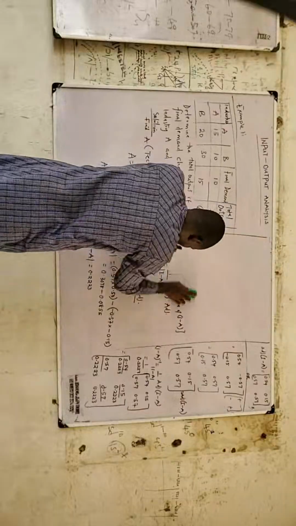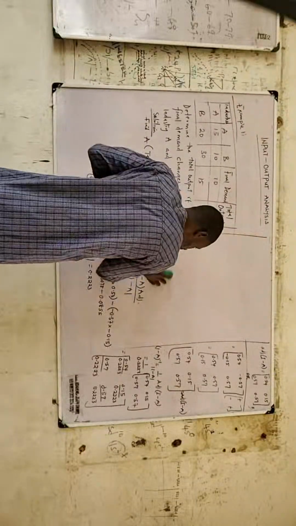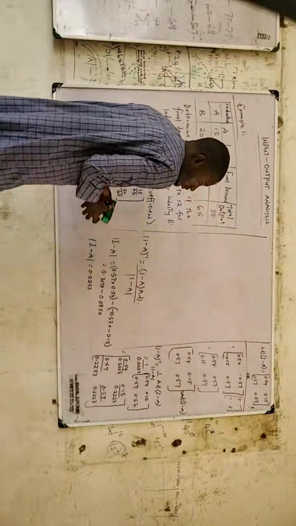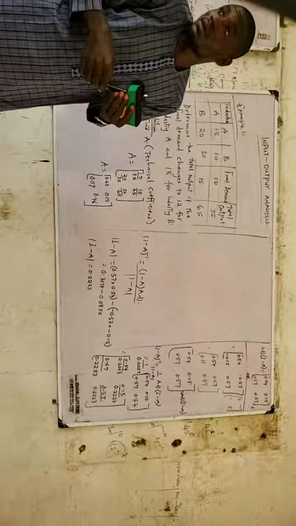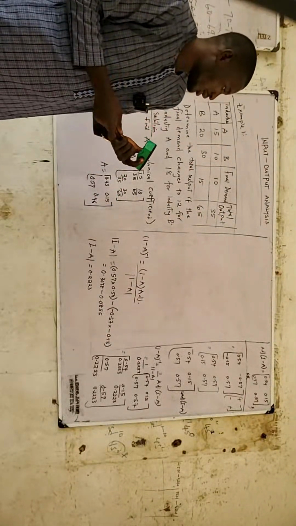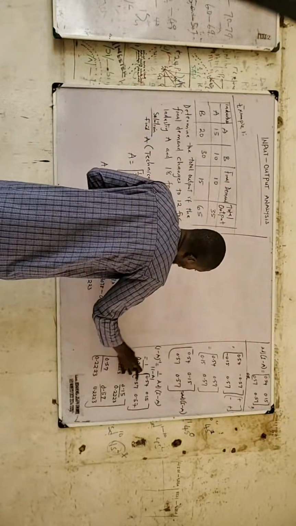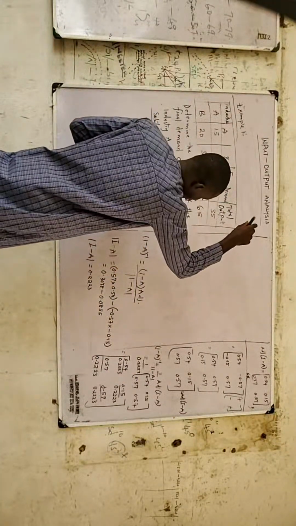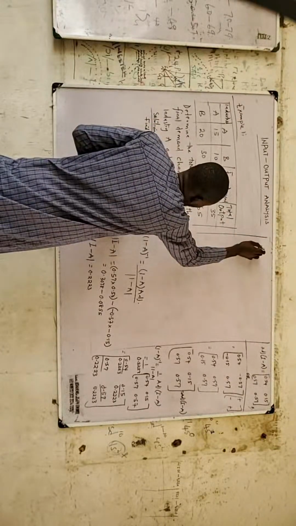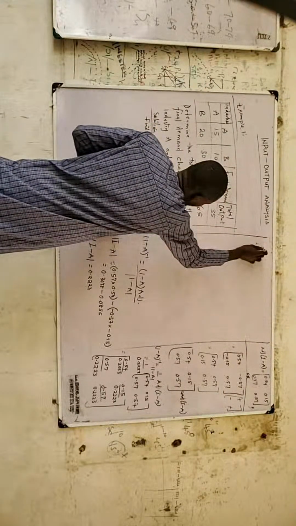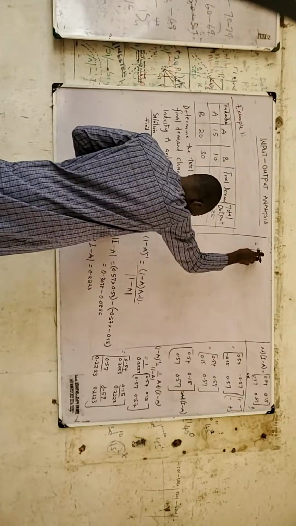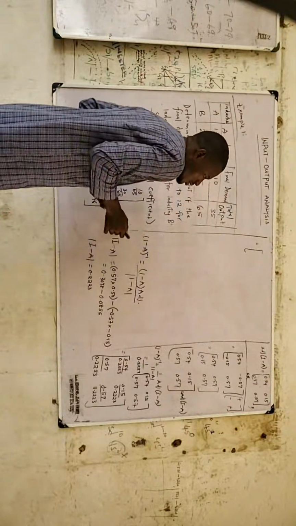You approximate it. So round it up. Okay, this one is what? 2.429, 2.43.